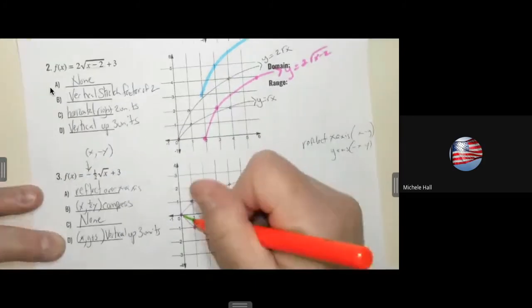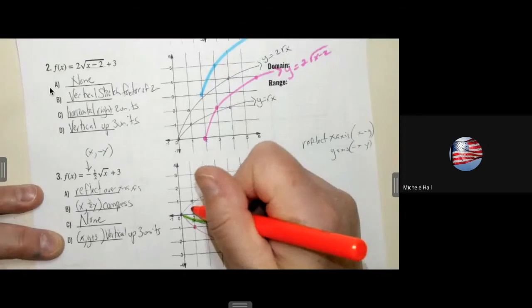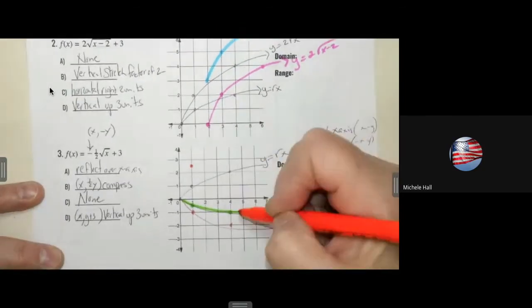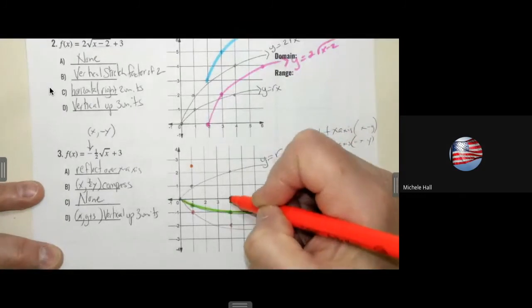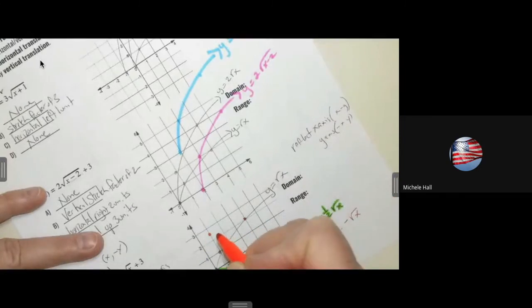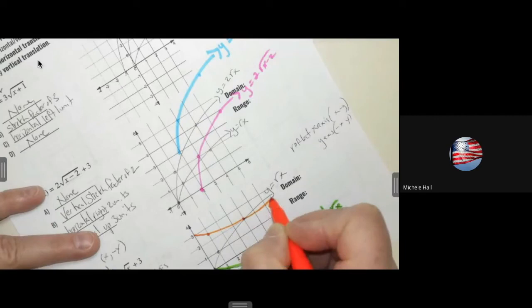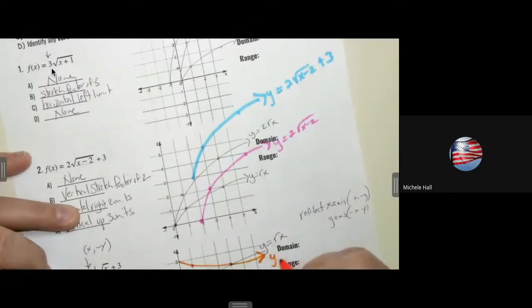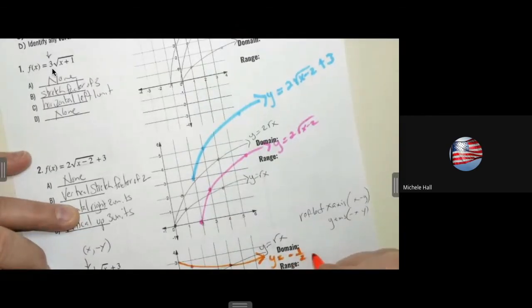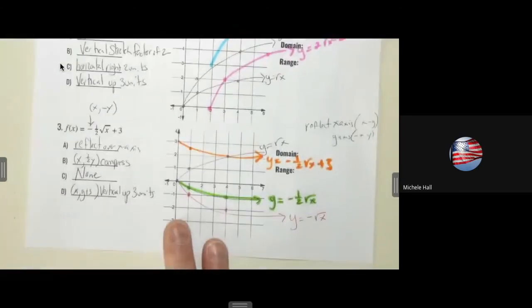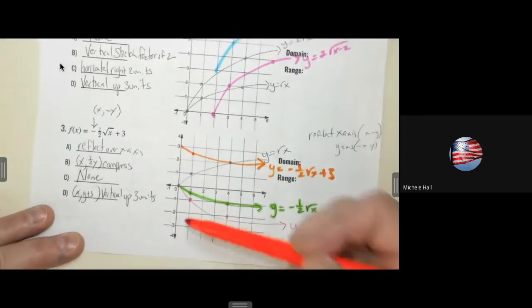I'm at a half, so 3 units up. 1, 2, 3. I should still be at the halfway mark. At -1, so 1, 2, 3. And here it is, coming down. y equals -1/2 square root of x, plus 3. And we just shift it up 3 units.